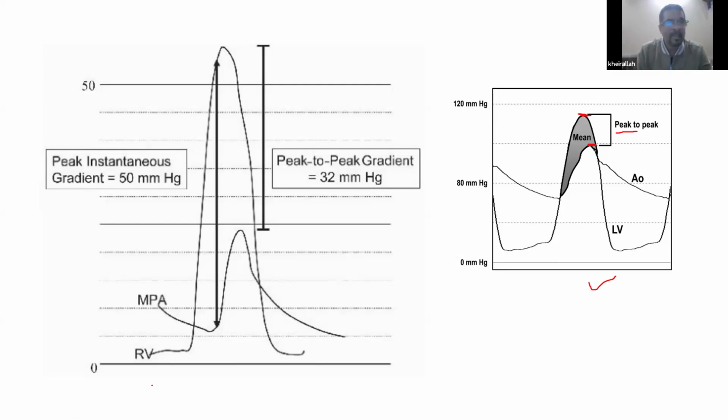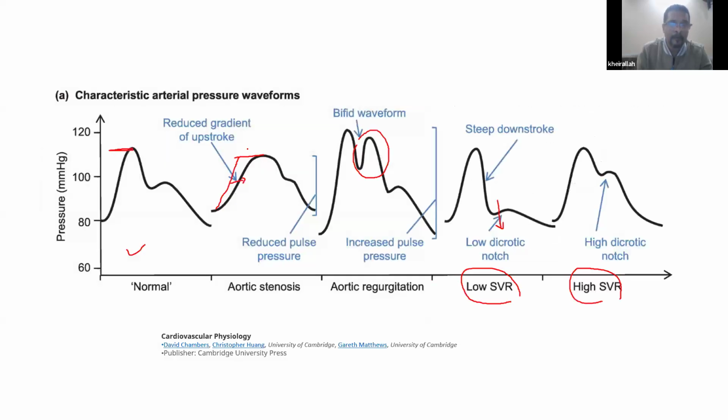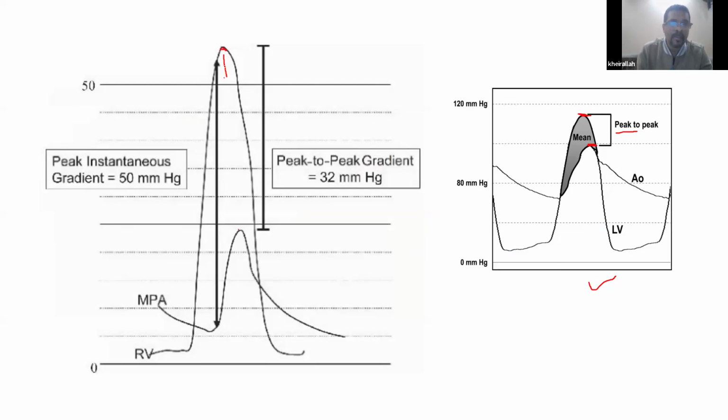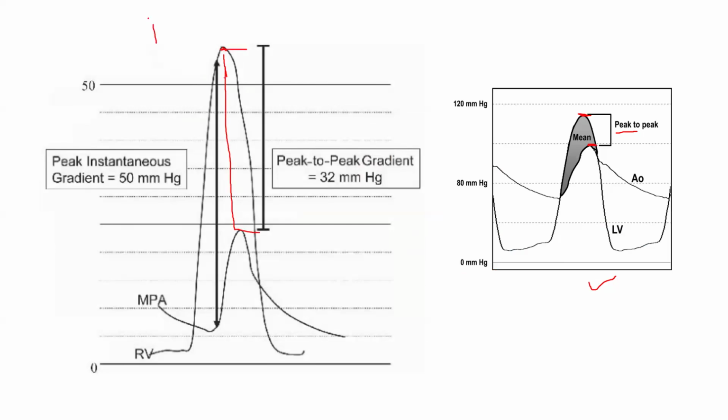The same applies here. What do we have here? This is RV and this is pulmonary artery. So the pulmonary artery peak is supposed to be here, but now all this difference exists, which is the peak to peak gradient. So what is the problem here? PS. We have pulmonary stenosis.